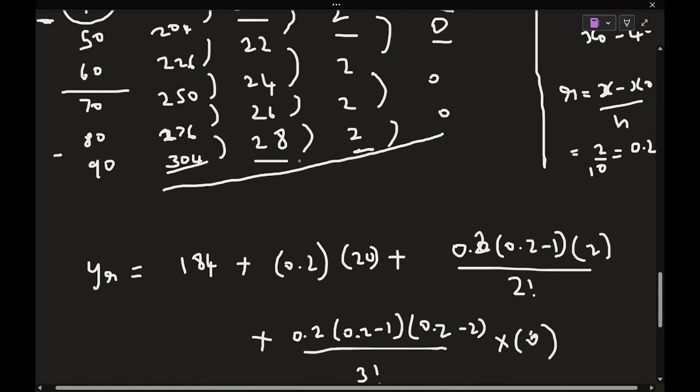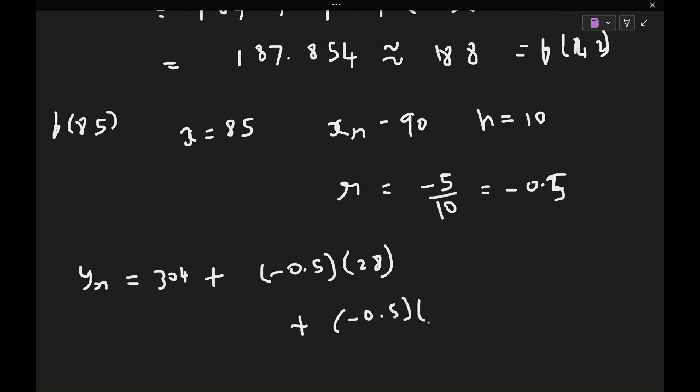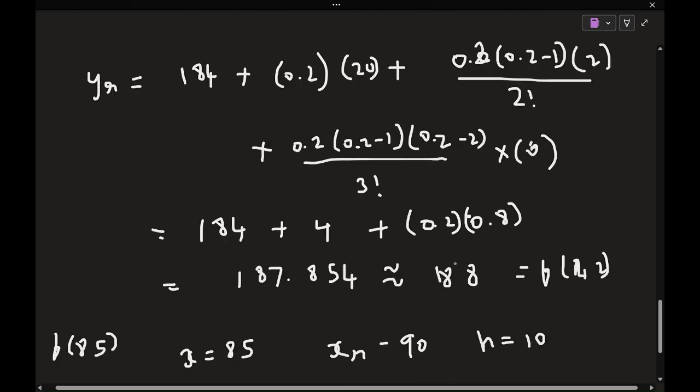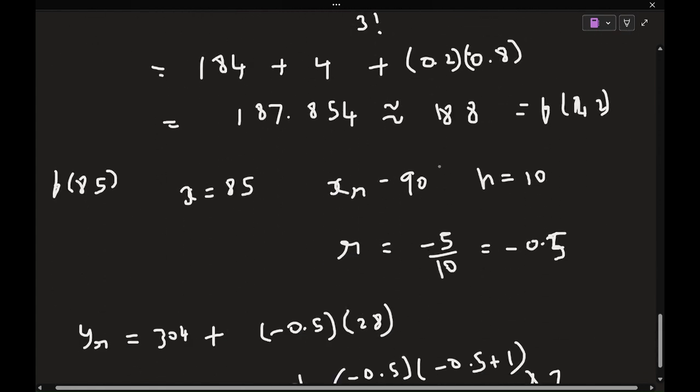Next, minus 0.5 into del y n, which is basically this 28, plus minus 0.5 into (minus 0.5 plus 1) divided by 2 factorial into del square, which is 2. And then my third term will obviously be 0 because my del cube y is 0.